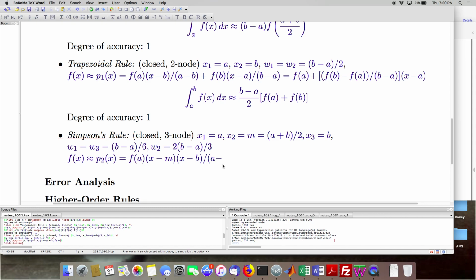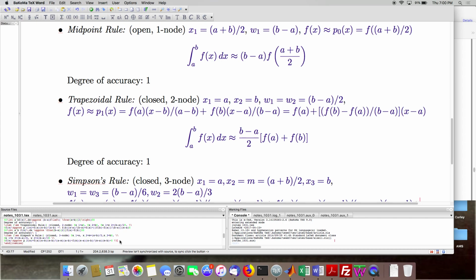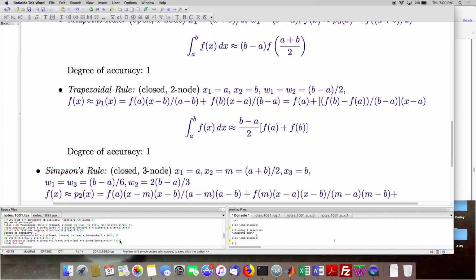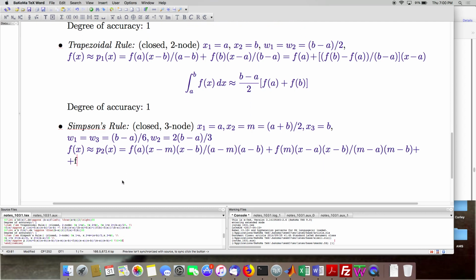Plus f(m) times (x minus a)(x minus b) over (m minus a)(m minus b), plus f(b) times (x minus a)(x minus m) over (b minus a)(b minus m).